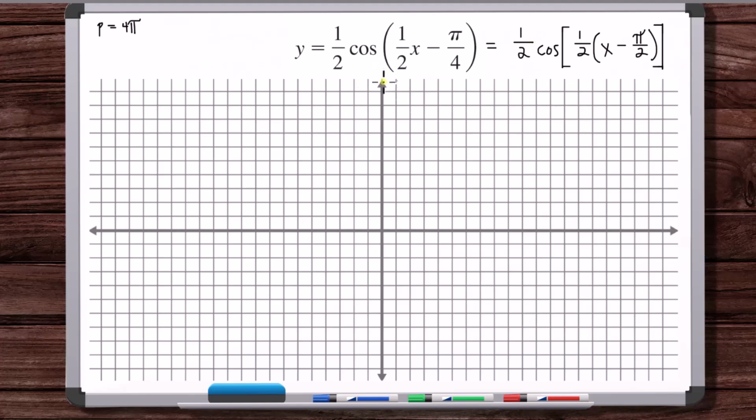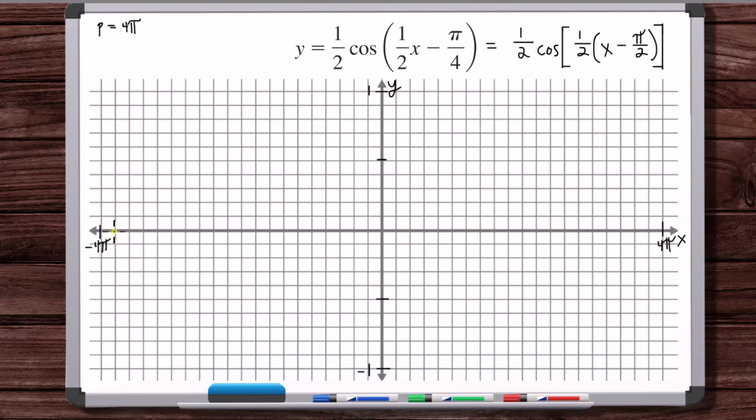So again, I want to put integers as the major tick marks here. So I'm going to put 1 and then 2, 3, 4, 5. This will be the 1/2 point. 1, 2, 3, 4, 5. There's the negative 1/2 and then negative 1. And then we'll go from minus 4 pi to 4 pi.